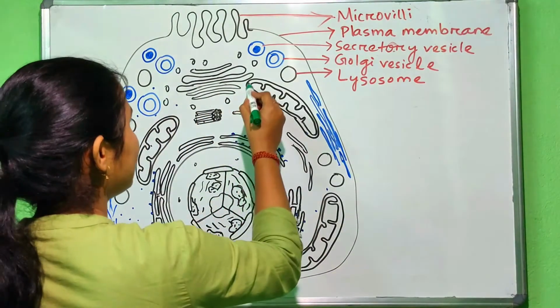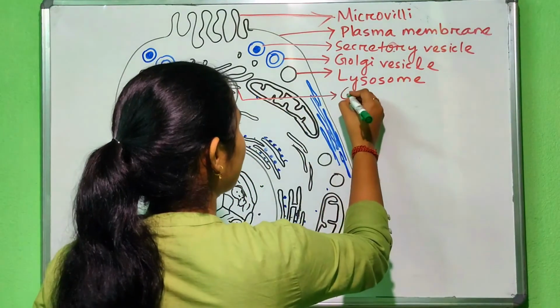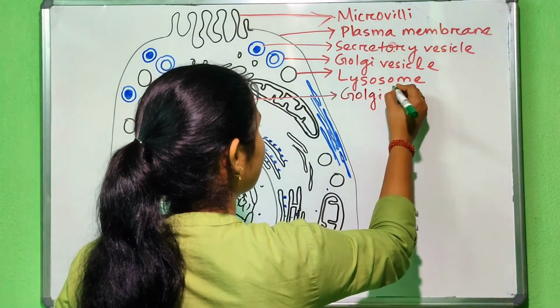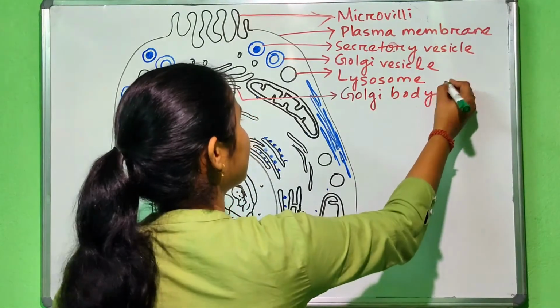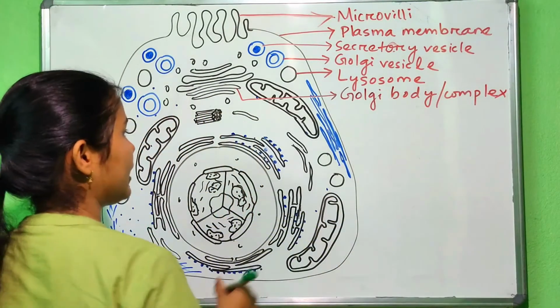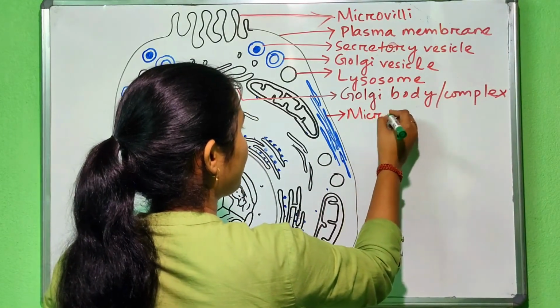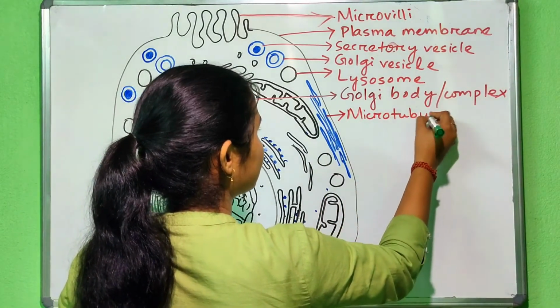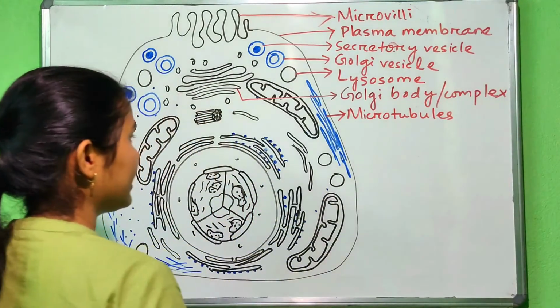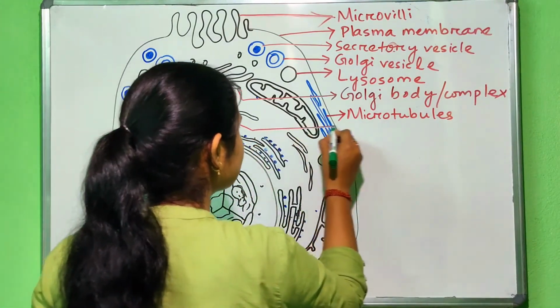Then what is this structure? This structure is the Golgi body, or the Golgi complex. Now what are these? These are the microtubules. Then what is this?